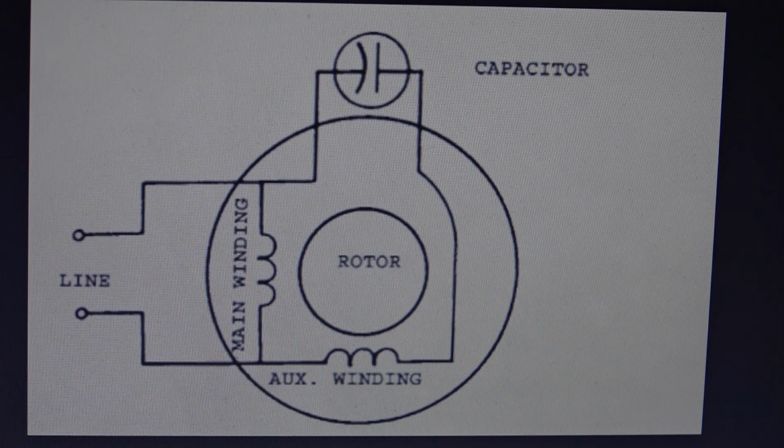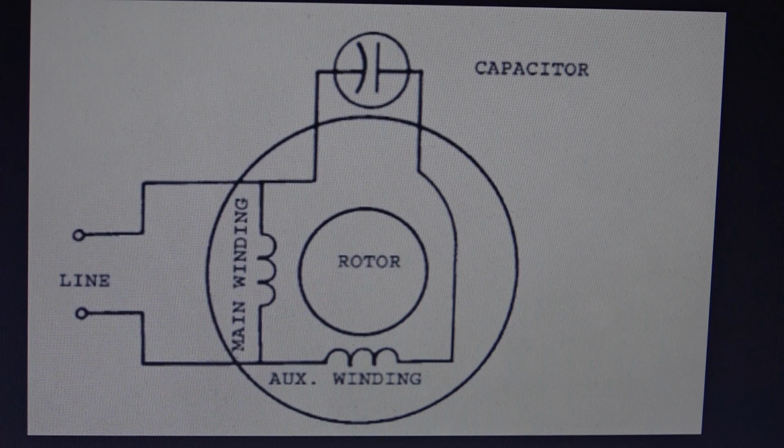torque AC motor. Now there are two types of designs of capacitor motor. This is a diagram of a run capacitor, where the capacitor is always in the circuit, and it provides a phase lead or phase lag between the two coils that generates your phase shift for your rotating magnetic field to cause the motor to rotate. Higher power motors will typically use a larger capacitor and a larger starting winding, and a method to disconnect that capacitor once the motor is up to speed, such as a centrifugal switch.